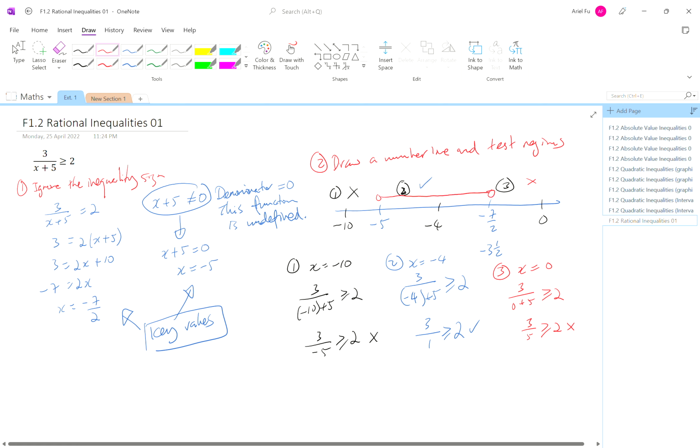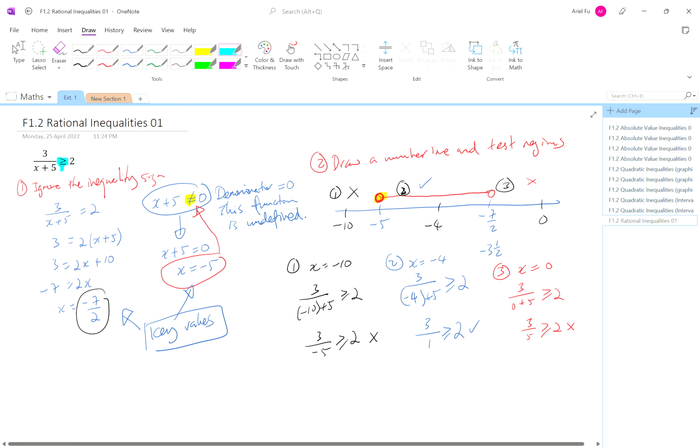However, because negative 5 is the asymptote, x cannot be negative 5, so it doesn't matter what the inequality is, this has to be an open circle. I must not close it, because it is not equal to. The other one depends on the inequality sign.